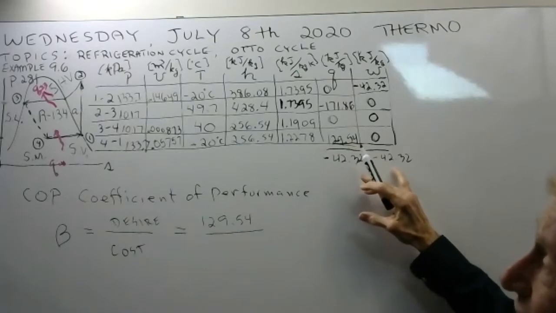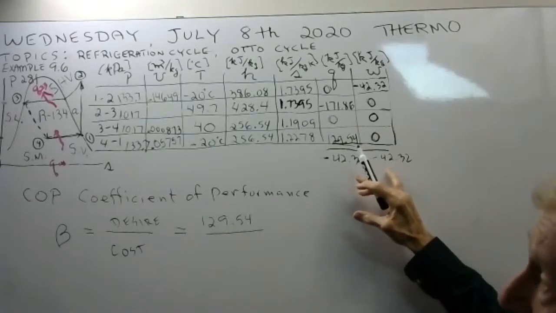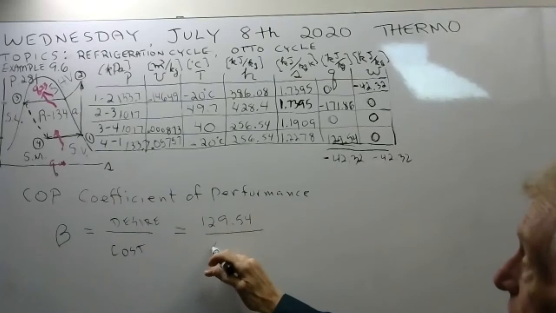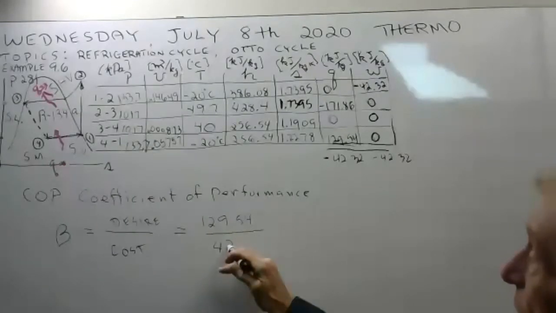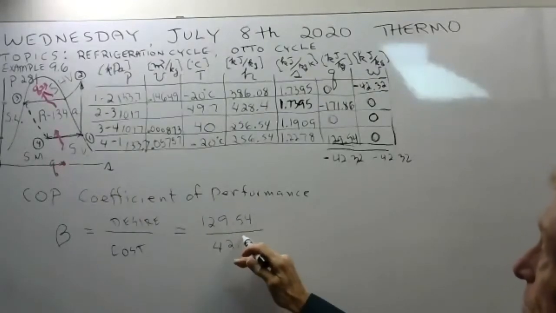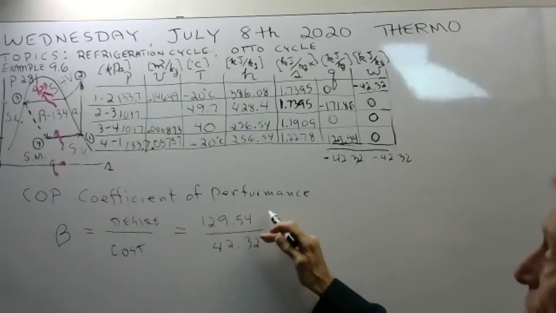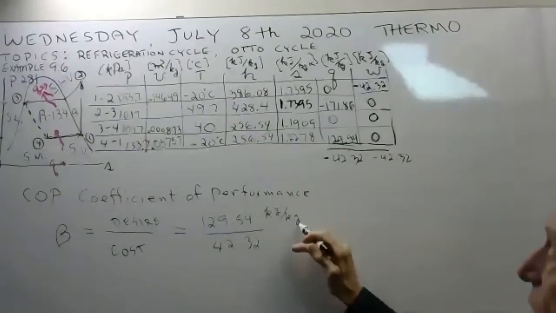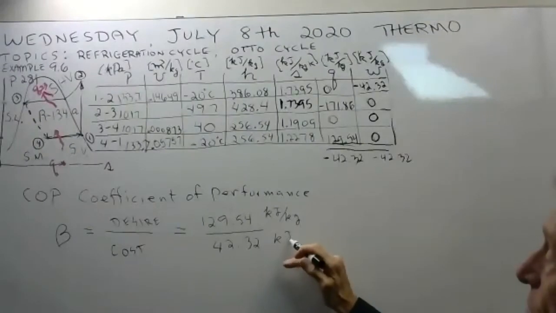That's the net work per mass. See, you have to plug in this refrigerator. And the 42.32, these are both kilojoules per kilogram. The units cancel, it's just a ratio.